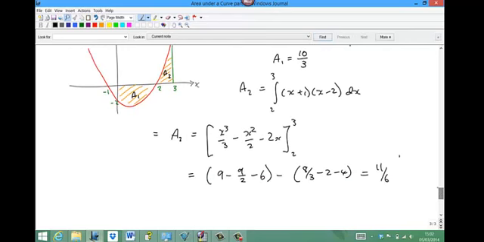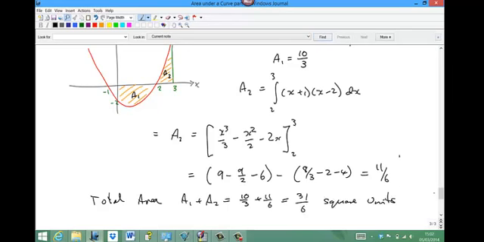So the total area is A1 plus A2, which is 10 over 3 plus 11 over 6, which is 20 over 6 plus 11 over 6, 31 over 6 square units.